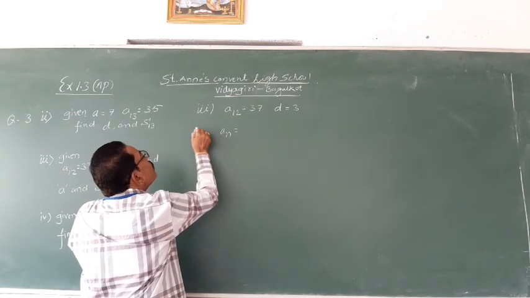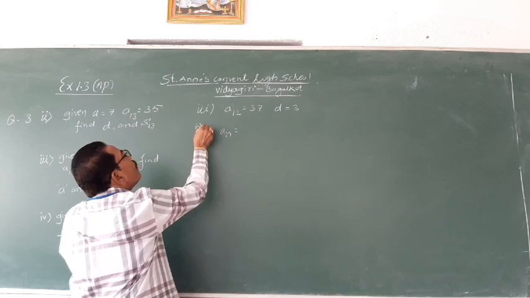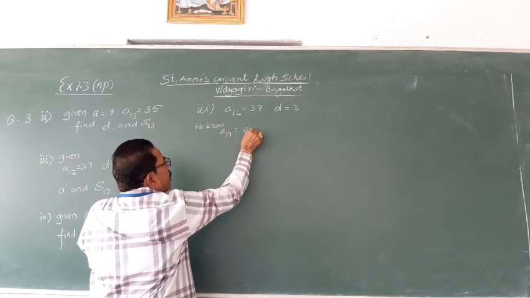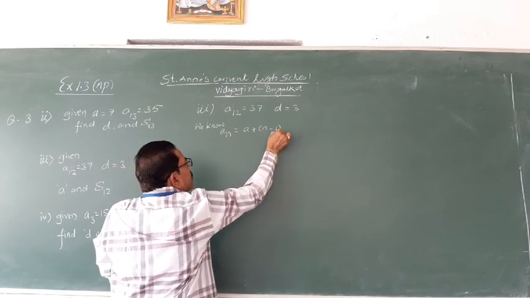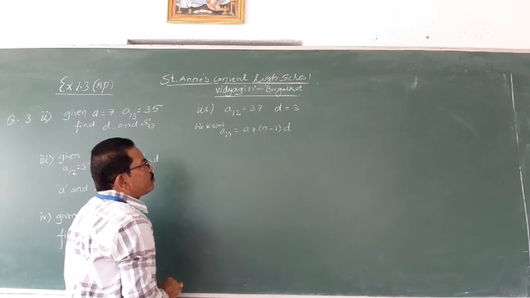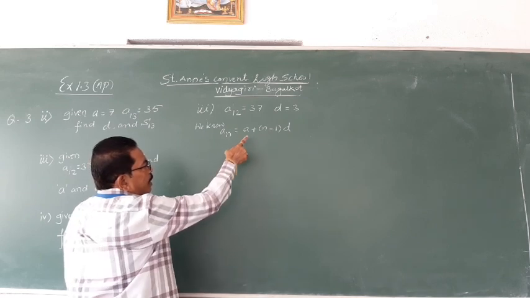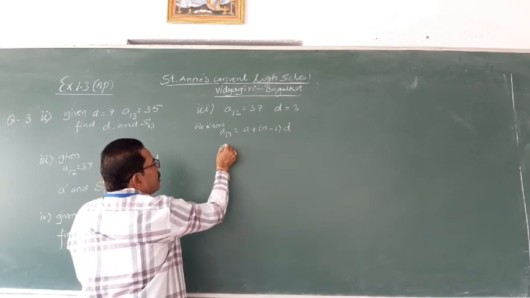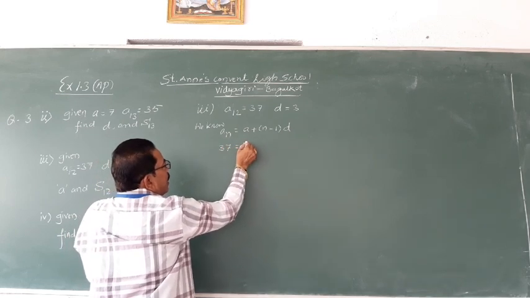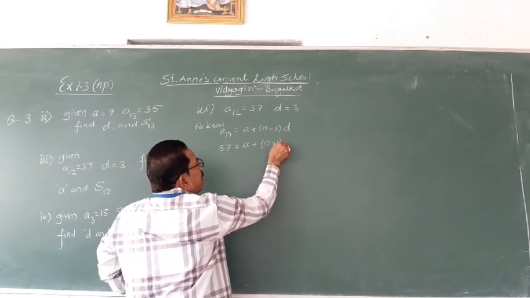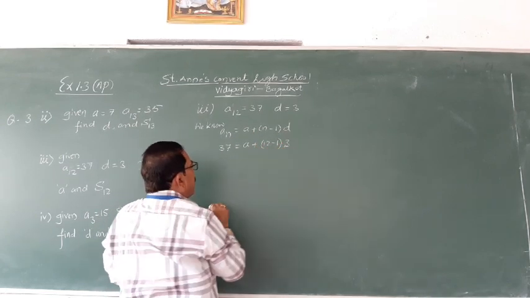An equals, we know, an equals a plus n minus 1 into d. a12, how much? 37. a we do not know. n is 12, minus 1, into d, 3.